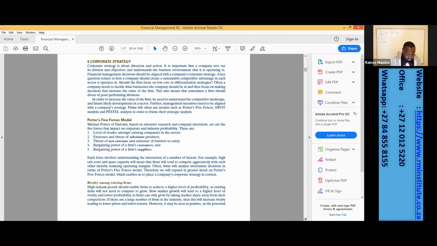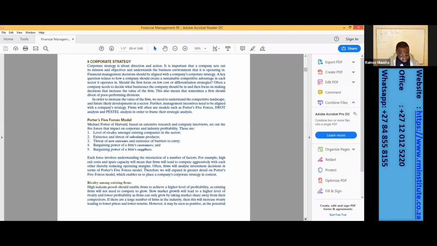Then the second one is existence and threat of substitute products. If there's no existing substitute product, it basically means that the company can have more control over the pricing of the goods and services.